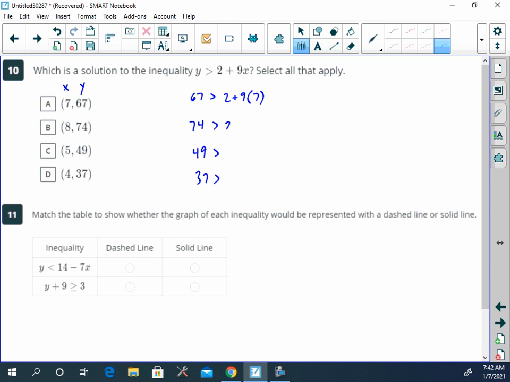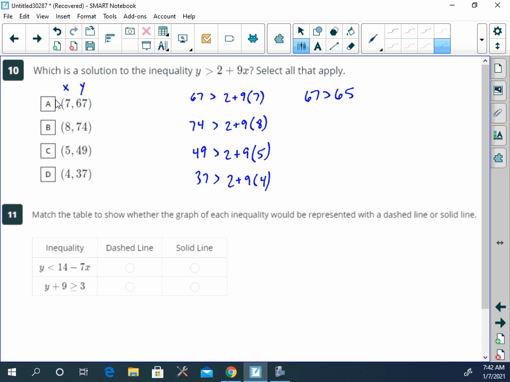For the next one, it's 2 plus 9 times 8, and then 2 plus 9 times 5, and 2 plus 9 times 4. And then really, if you want, you can just plug that in your calculator. We do 2 plus 9 times 7, which gives me 65. So then the question is 67 greater than 65? And that one's a yes.